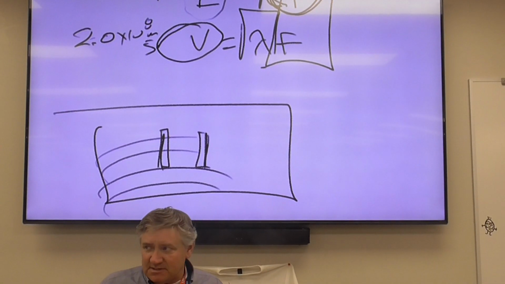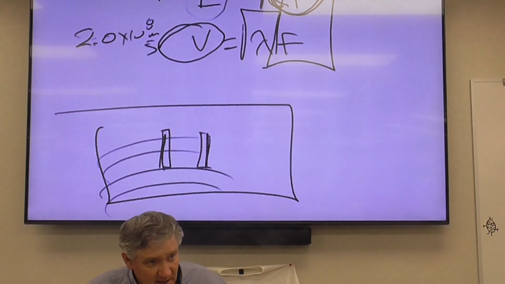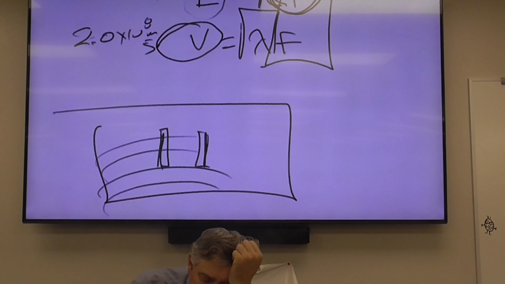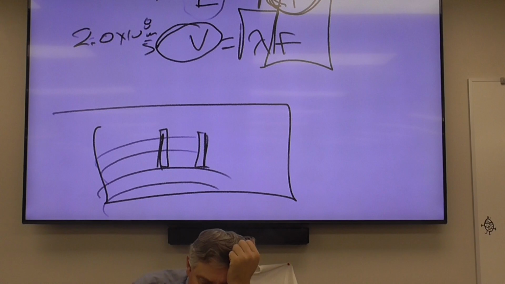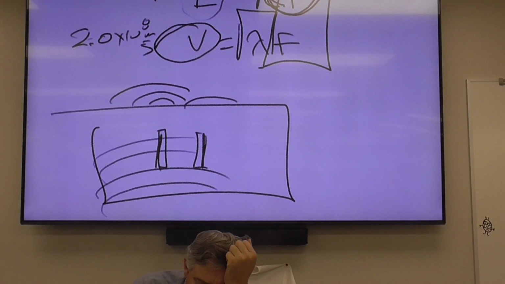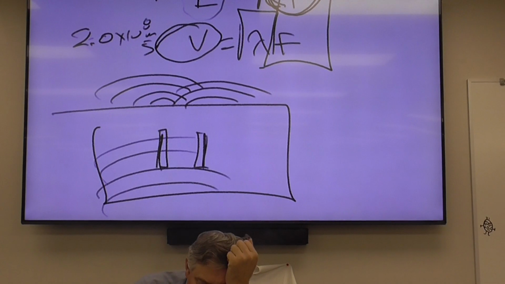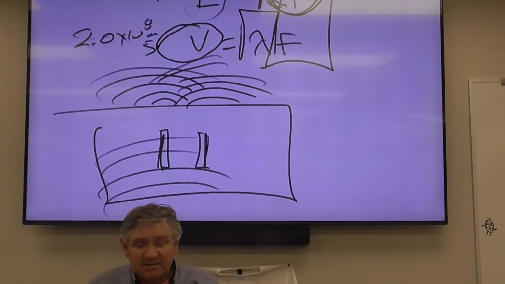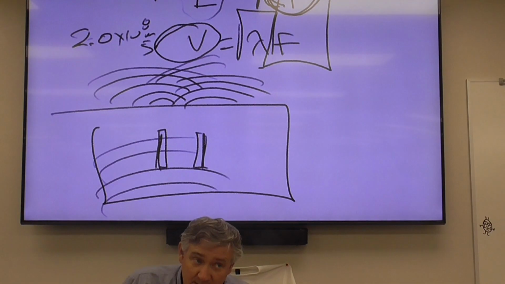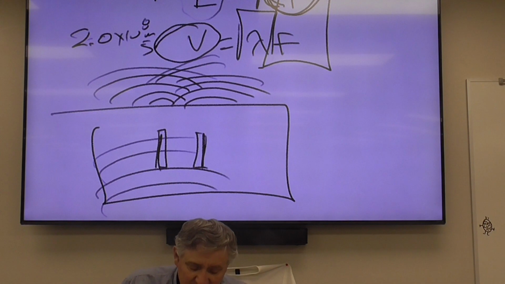It could be light, it could be sound, it could be a wave of water. But here's the point. As that goes through, each one of those has a wavefront. And what's going to happen is that you're going to get two types of interference: constructive interference and destructive interference.